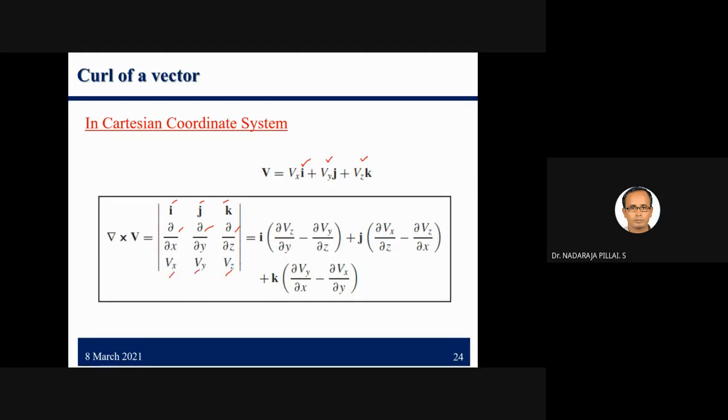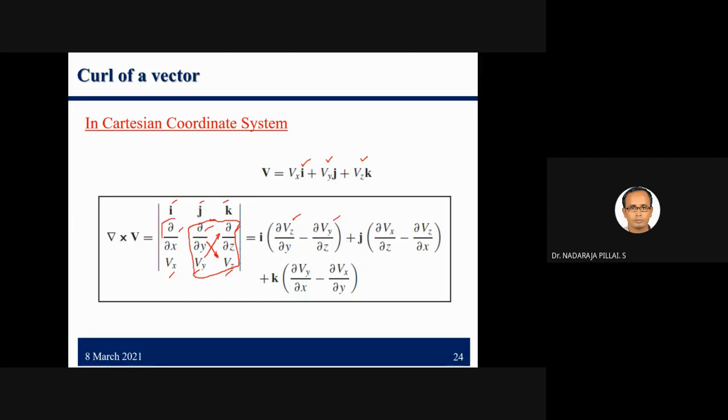So this can be further written as i into dou by dou y of Vz minus dou by dou z of Vy, plus j.